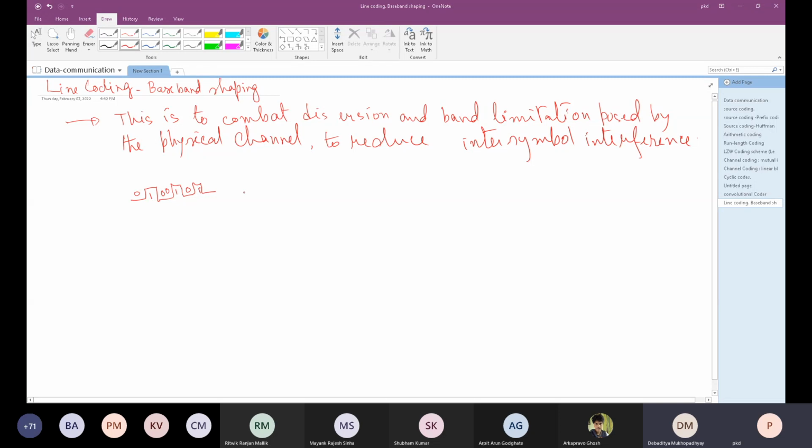In other words, we shall discuss the spectrum. If we take the spectrum, it is a combination of the bit pattern and the basic pulse itself. The spectrum of a single pulse like this would be a sinc function.